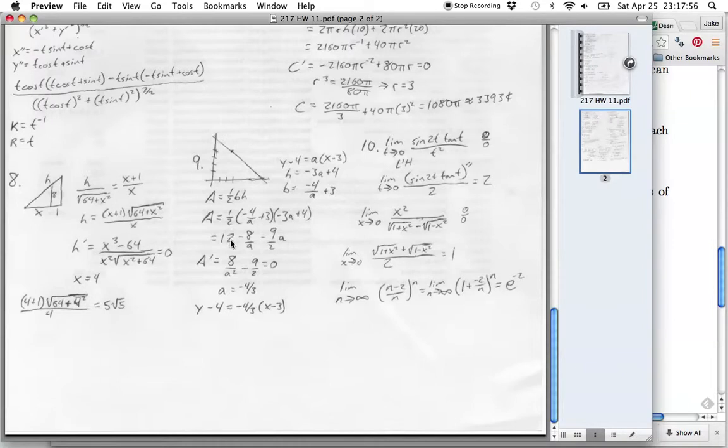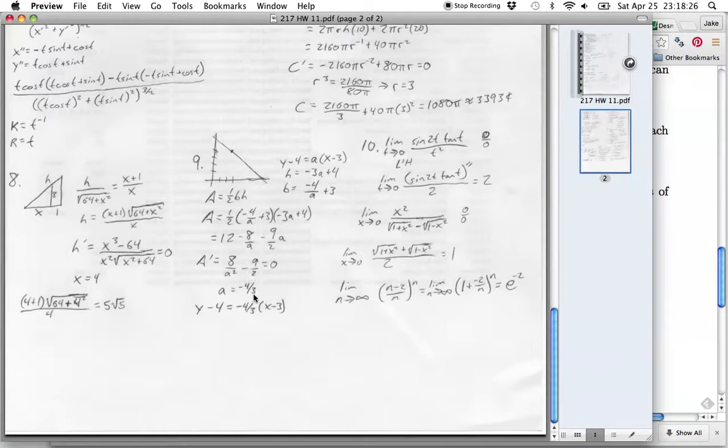And then I'll simplify that to 12 minus 8 over A minus 9/2 A. Okay, and just like normal, I want to optimize, so I'm taking the derivative, setting it equal to 0. I took the derivative, and once I solve this, since I'm taking the square root, I would have positive and negative, but you can see I'm going to have my negative slope in this situation.